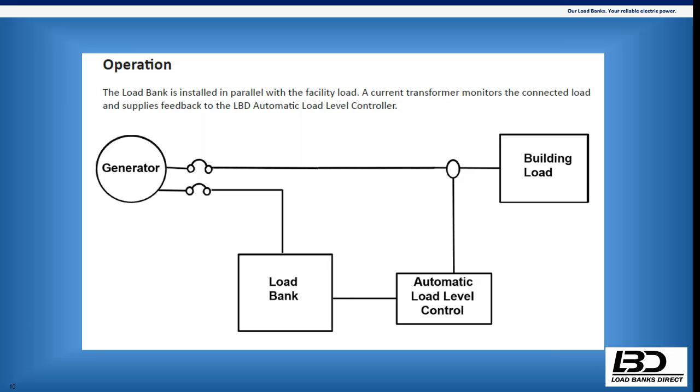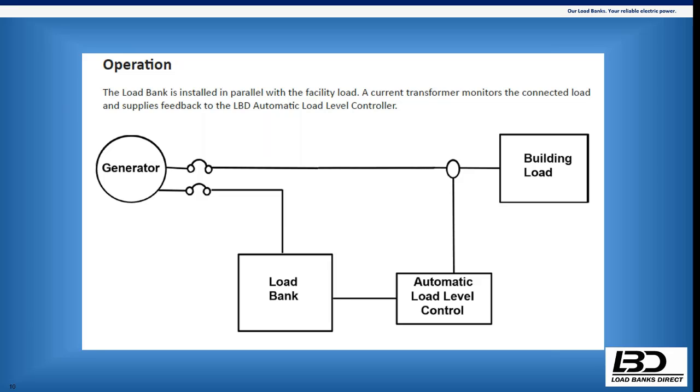So say you've got a stationary load bank tied to a generator, you're doing a 100% load test, your monthly, quarterly, or yearly test, whatever it may be. You've got that thing running fully at 100% load. And then all of a sudden you actually do lose utility power and you need that generator to run your building.